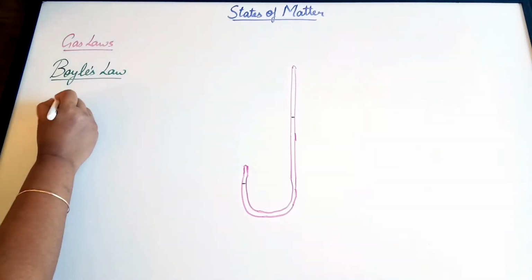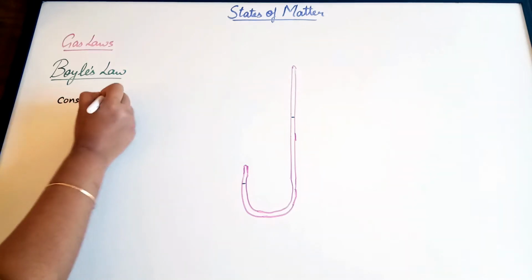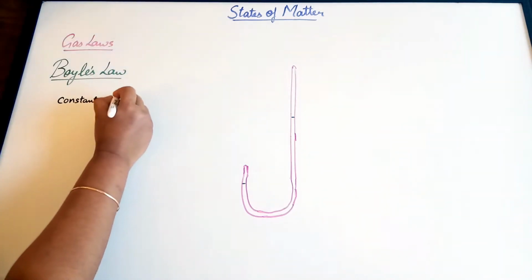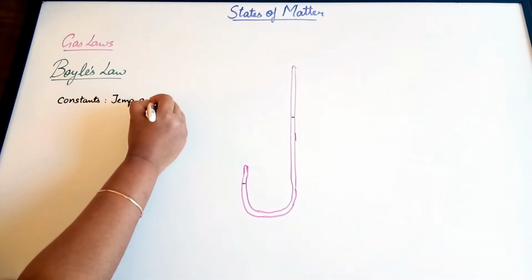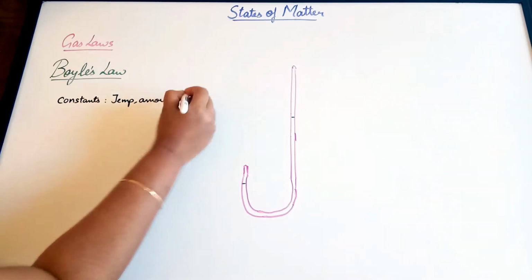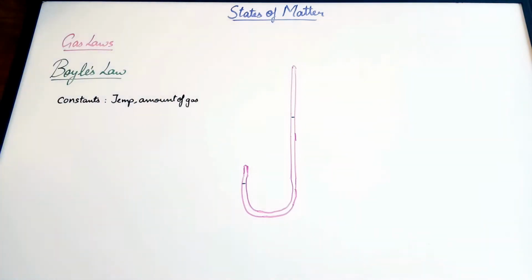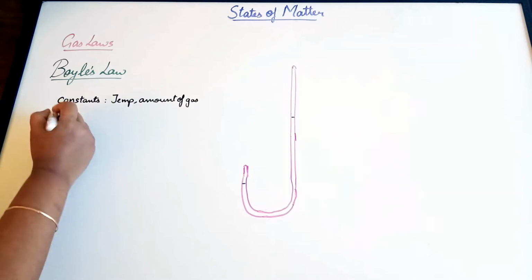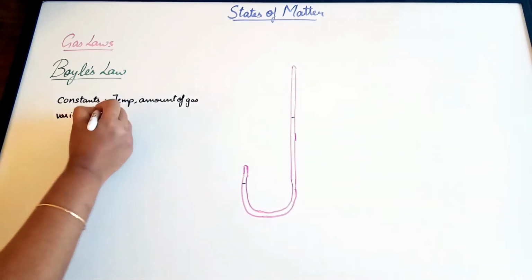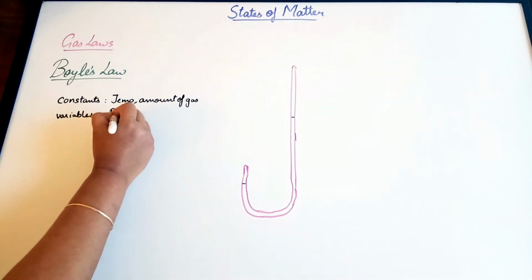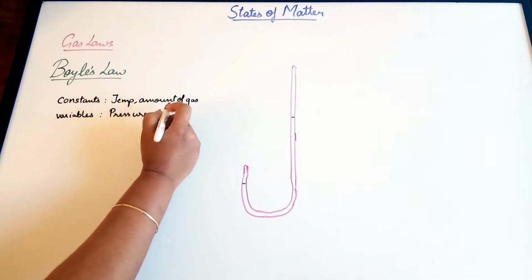The two constants are going to be temperature and the amount of gas, which basically means the number of moles of the gas, whereas the variable quantities are going to be pressure as well as volume.